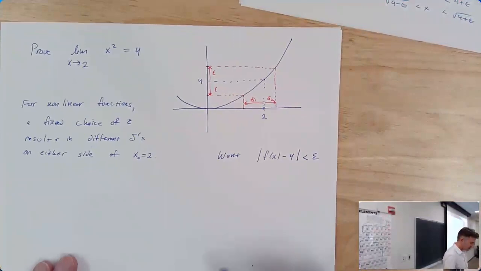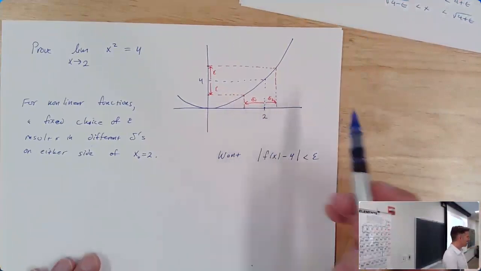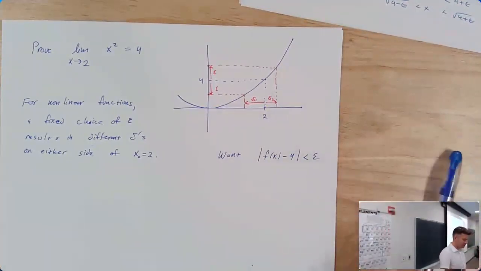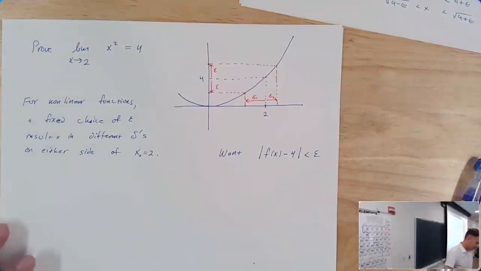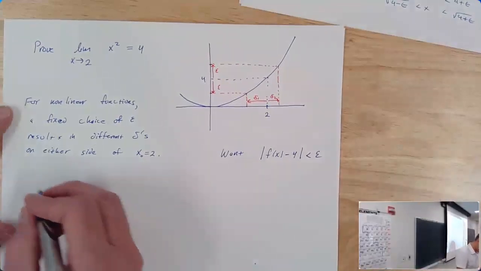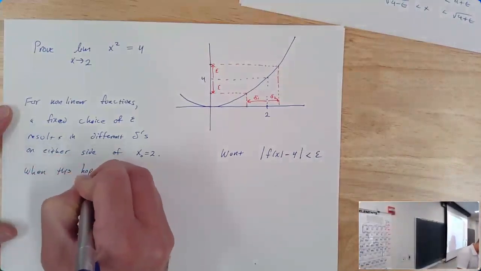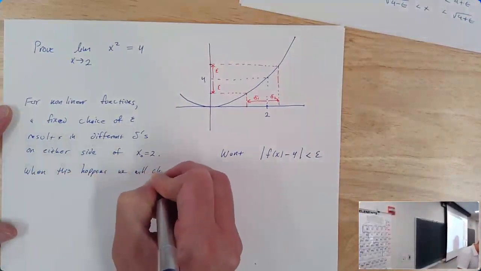Y values. So which delta am I going to pick? The smaller one. Because if I pick the smaller one, so in fact, I'll draw this again. So what we're going to do is, when this happens, we will choose the minimum delta value.